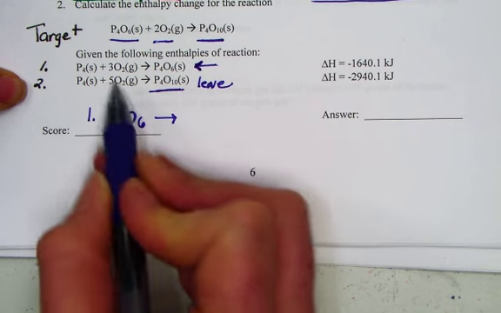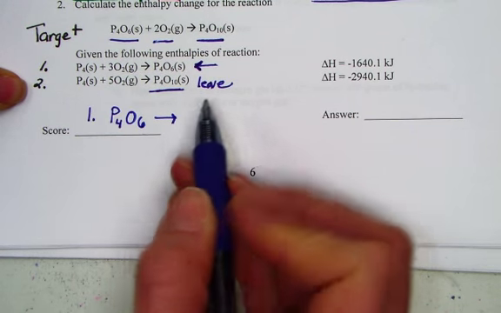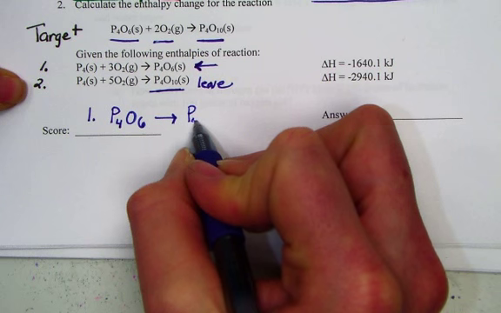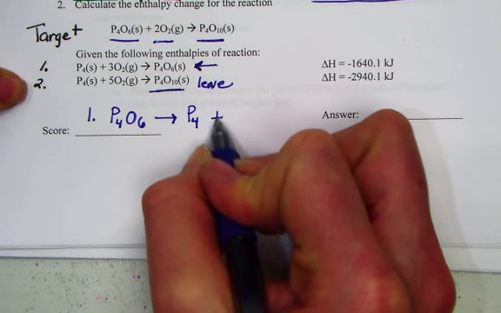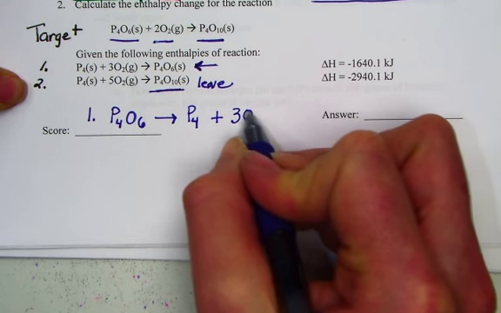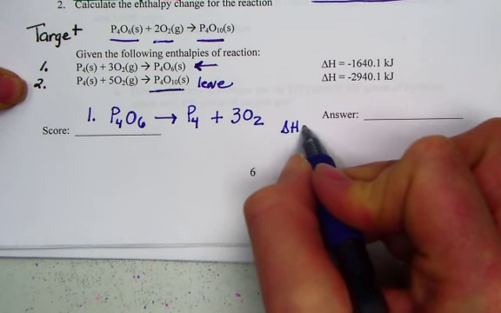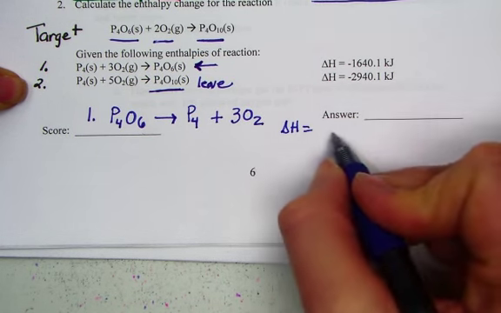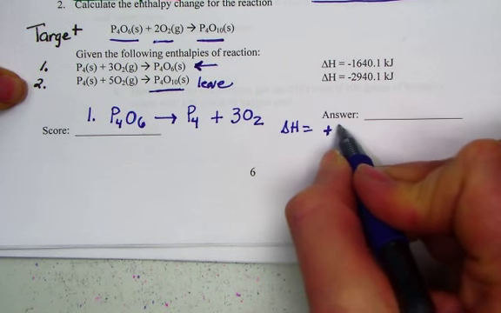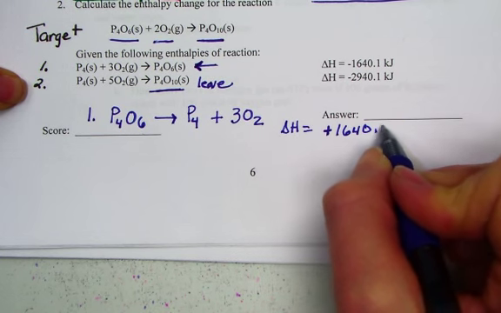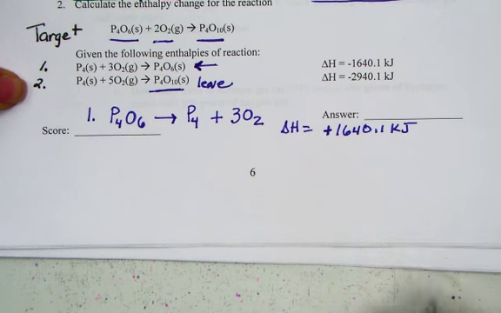And the original reactants now are on the product side. P4O6 points at P4 plus 3O2. The delta H for this equation, simply flipping the sign, now reports a positive 1640.1 kJs.